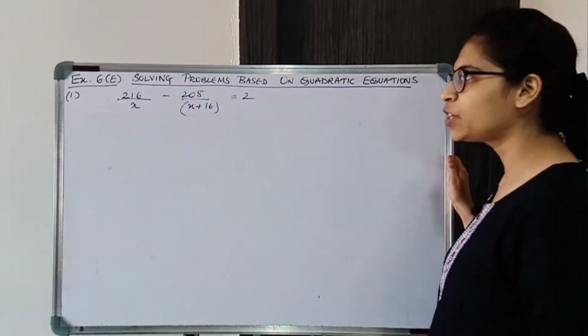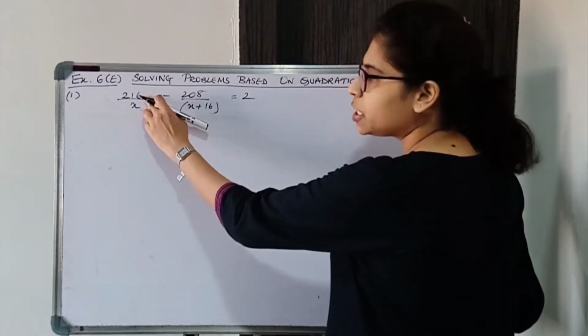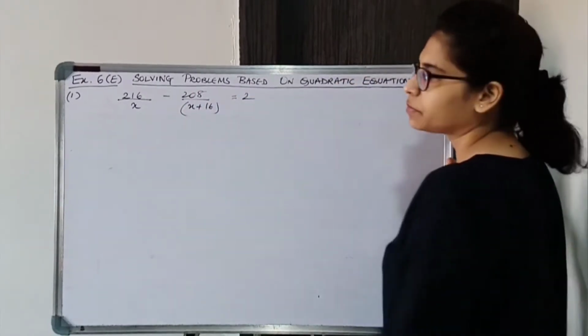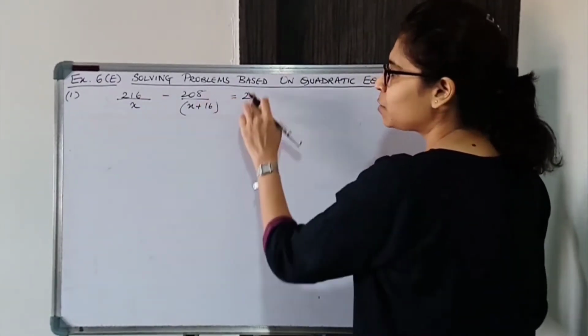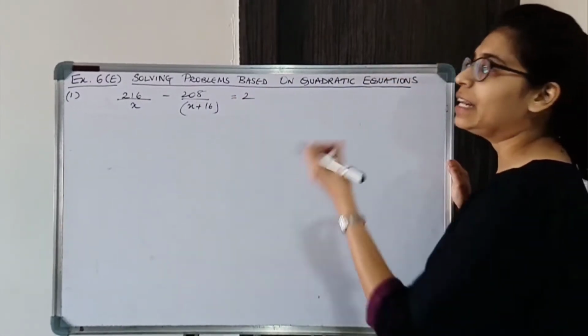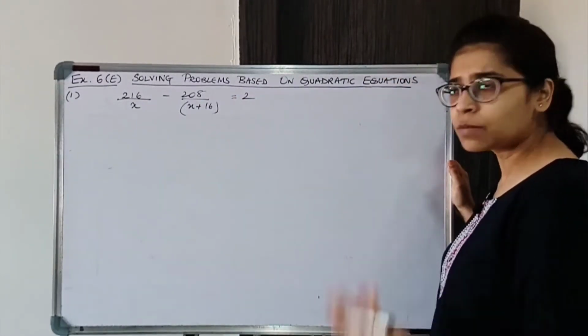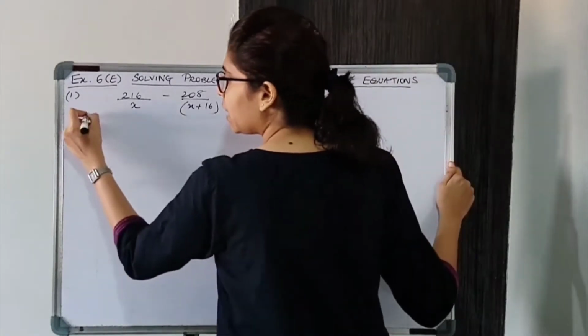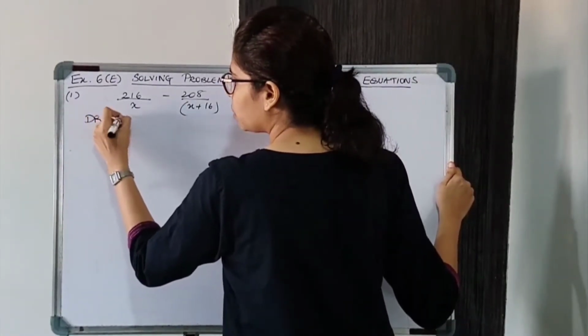So solving the equation now, check the numerators. This is divisible by 2, this is divisible by 2, this is divisible by 2. Let's make the numbers smaller, it will become easy. ठीक है, so dividing by 2 throughout.